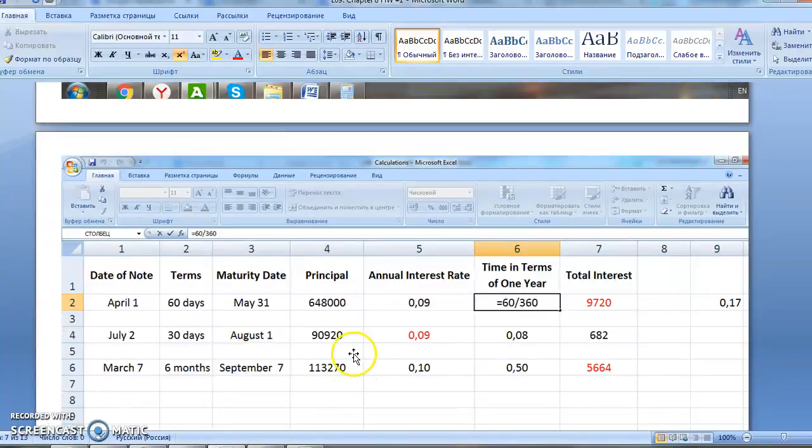So, in accordance with the formula for computing interest, we multiply the principal of $113,270 by the annual interest rate of 0.10, and then by the time in terms of 1 year, which is 0.5, obtained by dividing 6 months over 12 months in the year. Afterwards we get the total interest as a result.